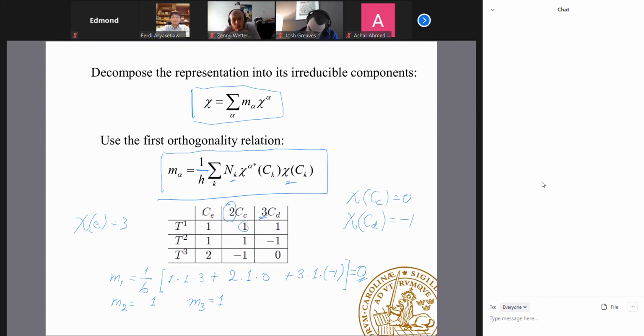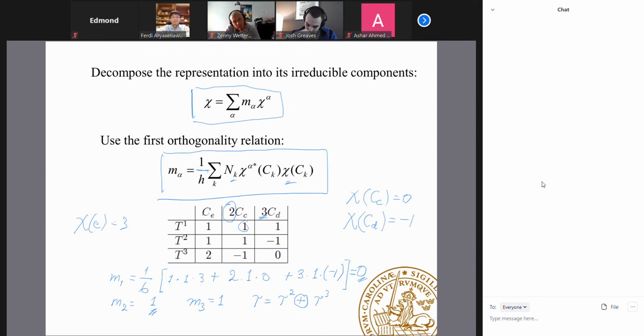So then we write that this representation T breaks up into 2 irreducible representations. We usually write it like this: there is only 1 T2 representation, plus T3, like this.